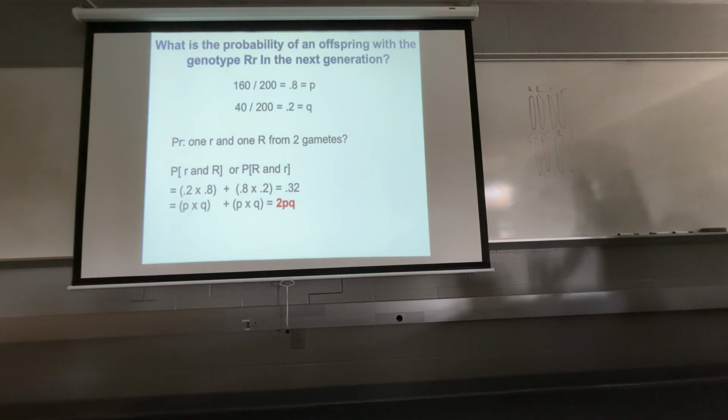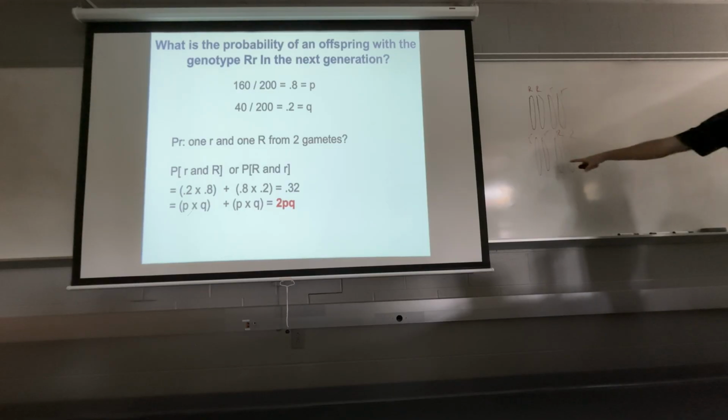So you've got to take into account that there are 2 ways that you can line up for a single locus, based on how mom and dad line up at the metaphase plate. So that's why you got these 2 examples, 0.2 for the little r and 0.8 for the big R, which would be this one, right?